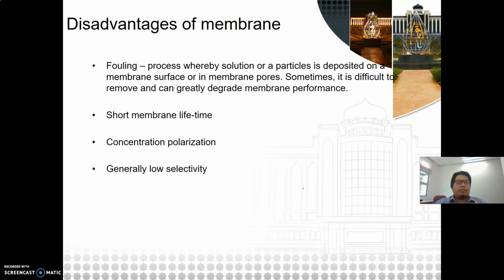We need to carefully tackle this issue, otherwise our cost will keep increasing because we frequently change the membrane as the performance decreases. So the membrane has a short lifetime, and we also have a concentration polarization problem, and generally low selectivity.